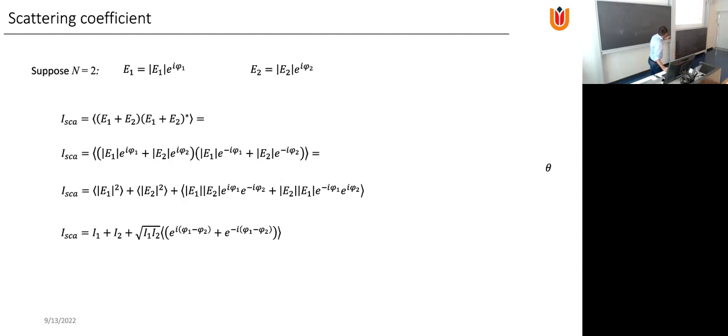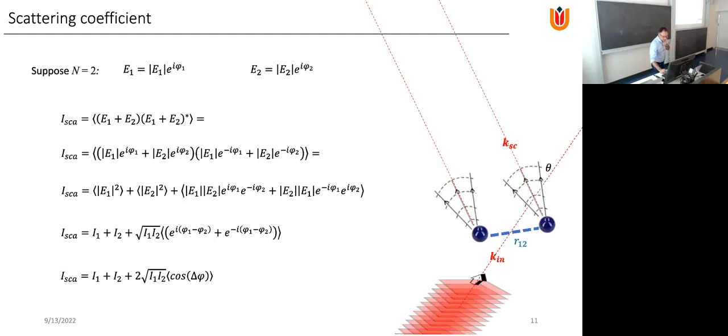And this, you know, is the definition of the complex notation of the cosine function. So finally, this term can be substituted with the cosine of the phase difference between the two particles.